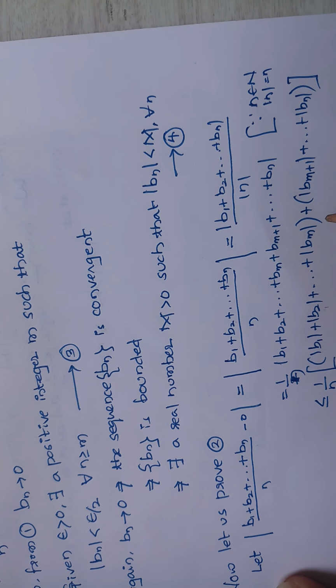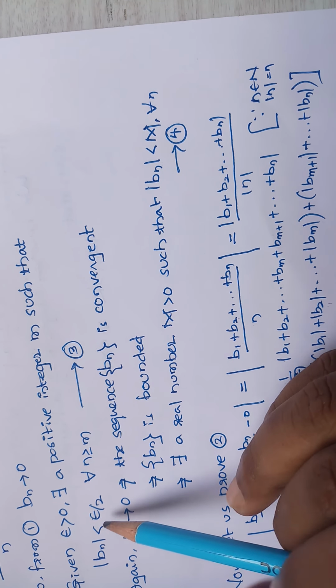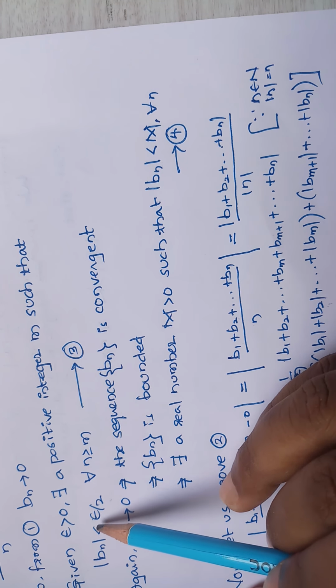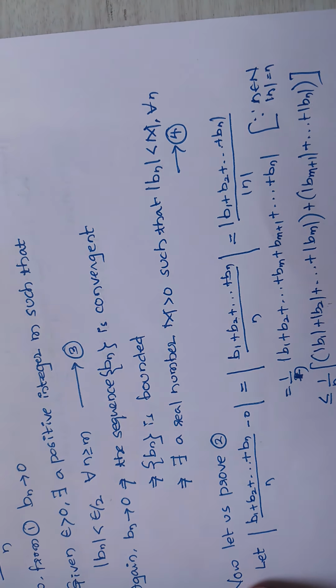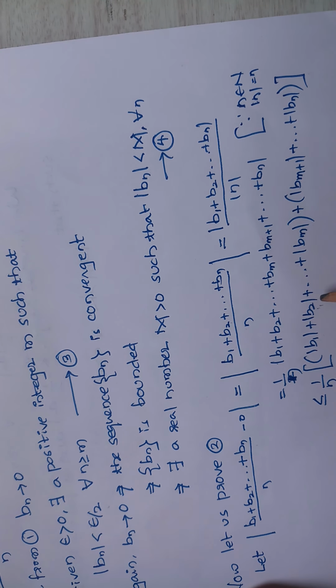M times. After that, modulus of bn is less than epsilon by 2. So your bm+1 term and onward become epsilon by 2 each, how many times? n minus m times, because already b1, b2 up to bm are m terms.